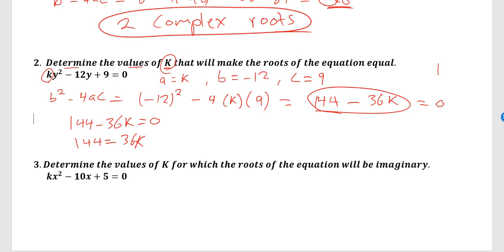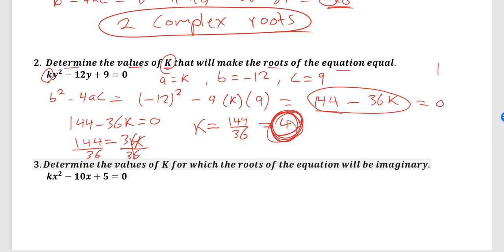So now I can divide by 36 to isolate the K. So I have K equals 144 over 36, which is essentially equal to 4. Okay, so for a value of K of 4, I will have roots that are equal or a single root to the equation.